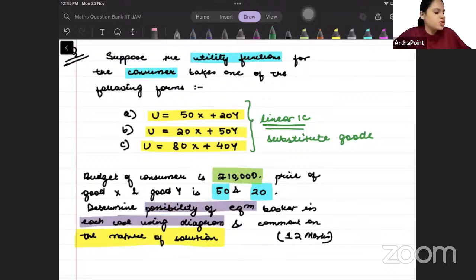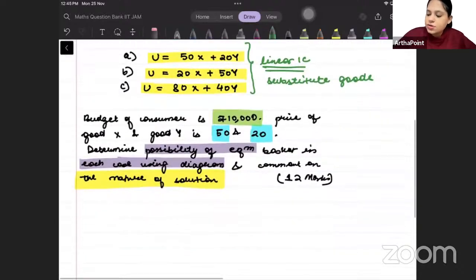Use the property of substitute goods. Go ahead. Let's start with the first one.